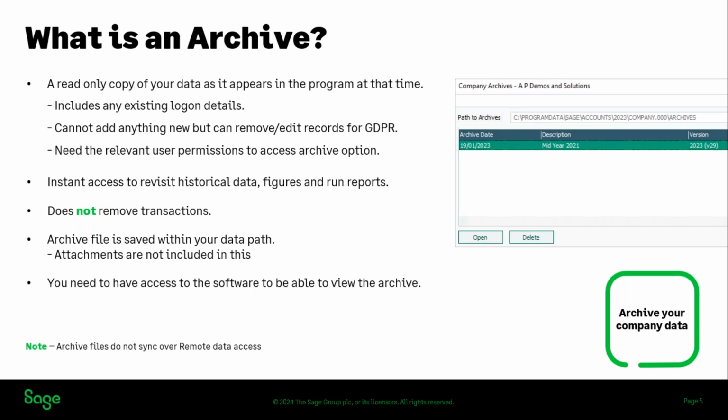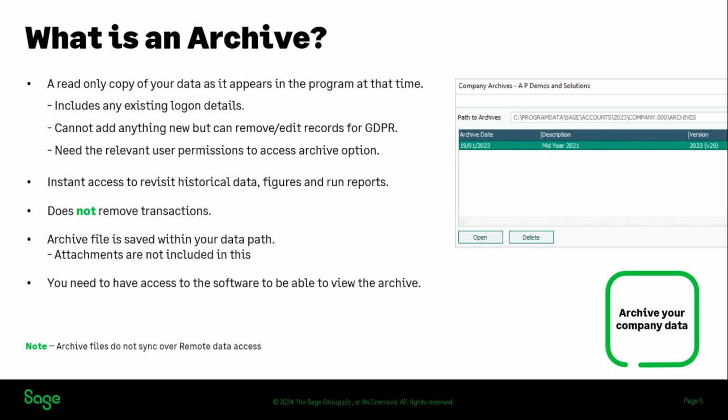It takes that read-only copy and moves it to a slightly different location alongside your live data, so that you can go back into all the data. When you take that archive, it includes any login details that were applied at the time the archive was taken. So if you've got logins with passwords, those passwords will remain on that archive.